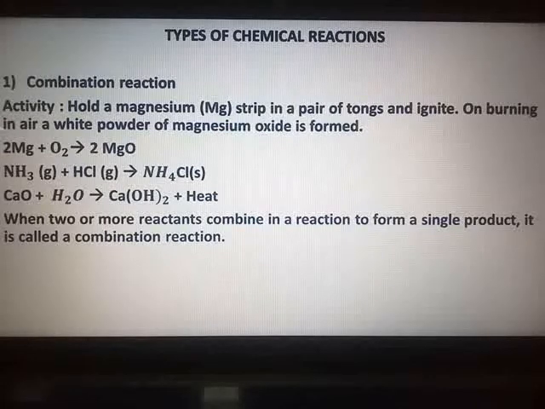Magnesium ribbon, when burnt in air, combines with oxygen from the air and forms magnesium oxide. So what you can see over here, magnesium combining with oxygen means here one reactant is combining with the other to form a single product, that is magnesium oxide, and such a reaction you call as combination reaction.